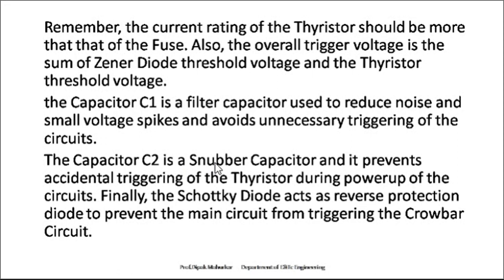The capacitor C2 is the snubber capacitor and it prevents accidental triggering of the thyristor during power up of the circuit. Finally, the Schottky diode acts as a reverse protection diode to prevent the main circuit from triggering the crowbar circuit.